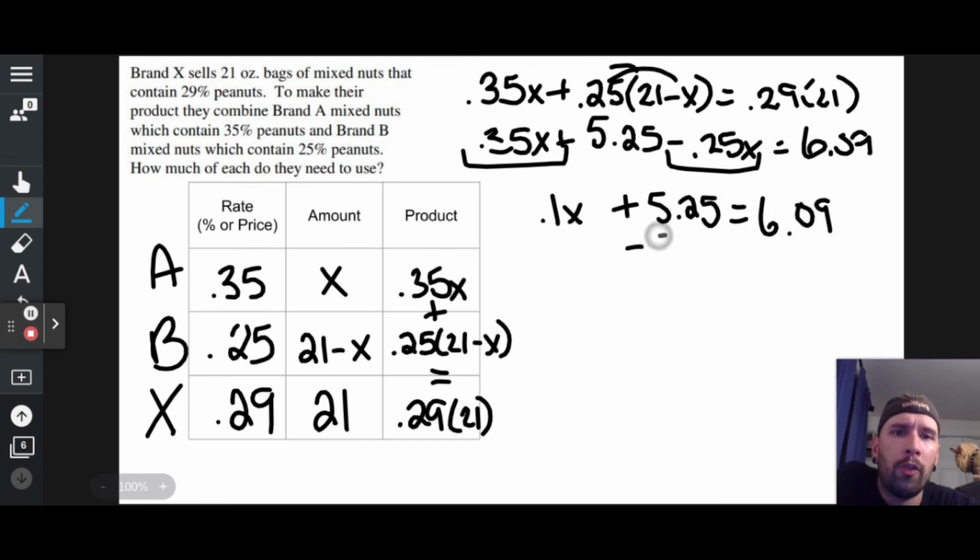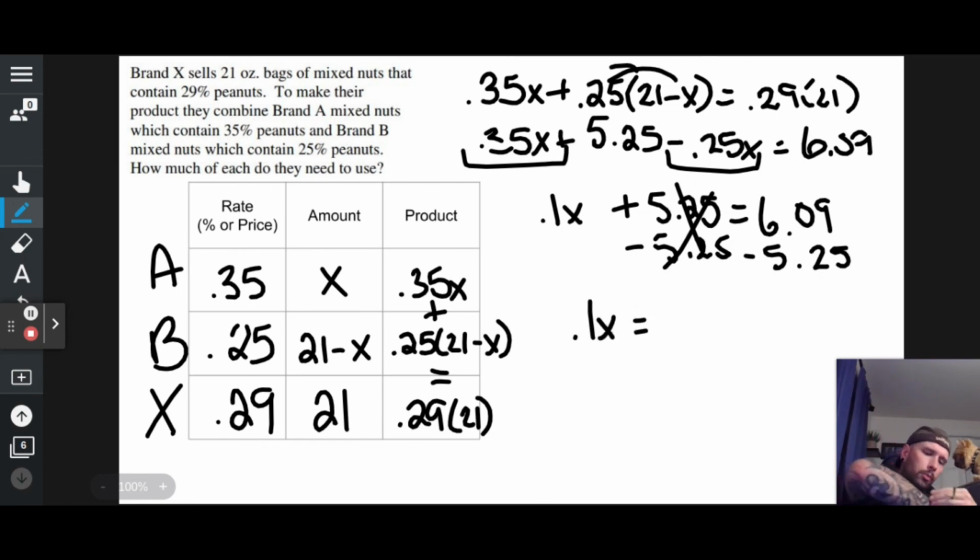I'm going to subtract 5.25 from both sides. 0.1x equals 6.09 minus 5.25. It's 0.84. 0.84 divided by 0.1. It's 8.4.